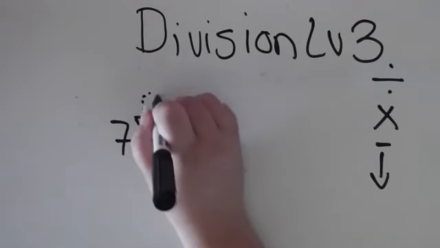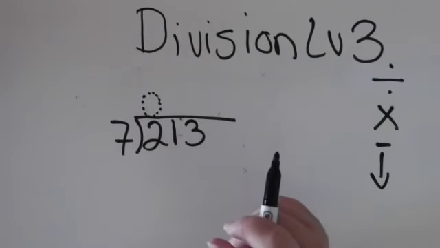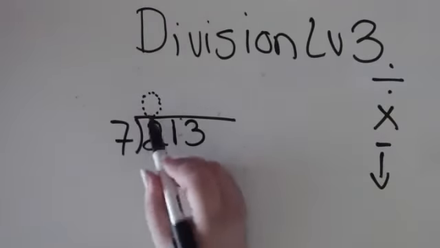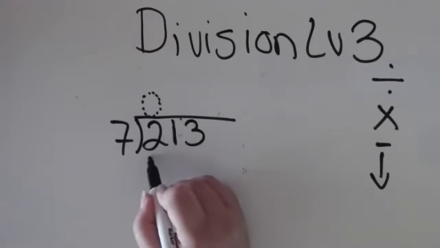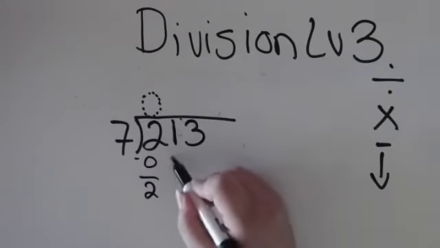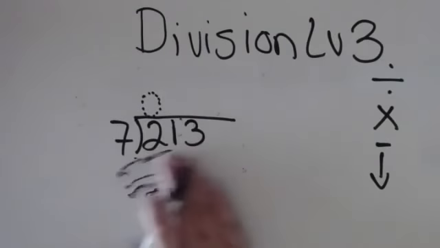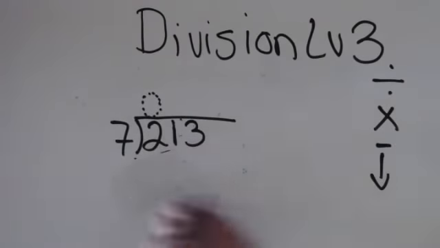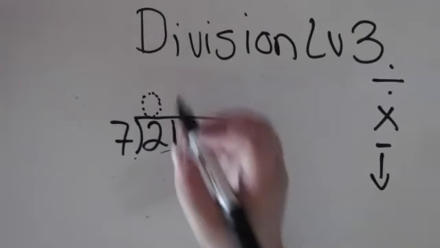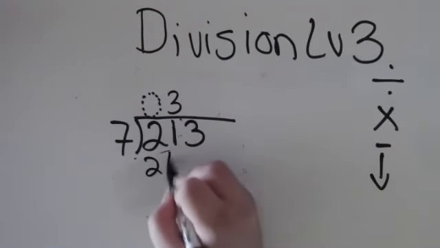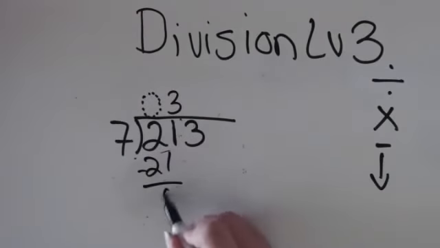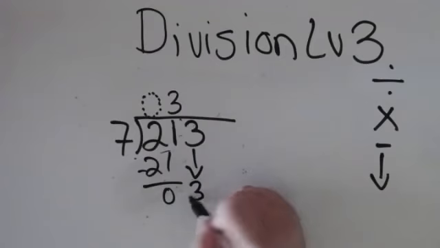So I have an imaginary 0 there. Okay, now again, it's up to you whether you want to go 7 times 0 is 0, which is still 2, and then you bring down the 1. Or you just want to look at it and say 7 into 21. Well, 7 into 21 is 3, which is 21. Subtract equals 0. Bring down the 3.